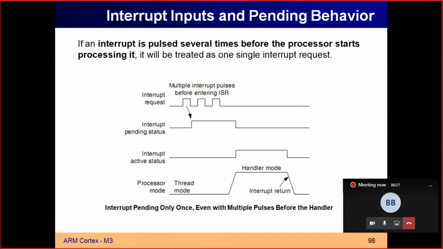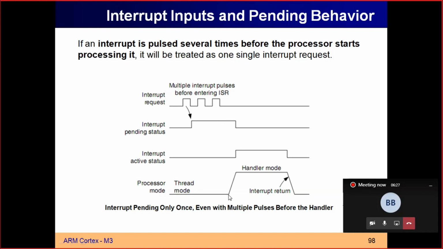Then in the second case, the interrupt is pulsed several times before the ISR has started its execution. Then what will happen? When the first interrupt request is coming, the interrupt pending status bit will be high.